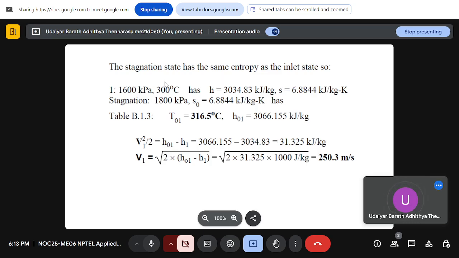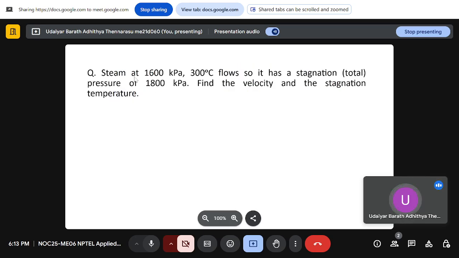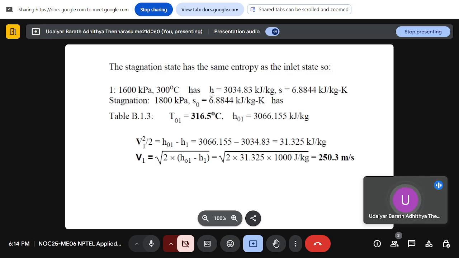stagnation point. So the flow condition is, your pressure is 1600 kilopascal and 300 degrees Celsius. So for this condition, this is steam. So from the steam table, your enthalpy will be 3034.83 kilojoule per kg.